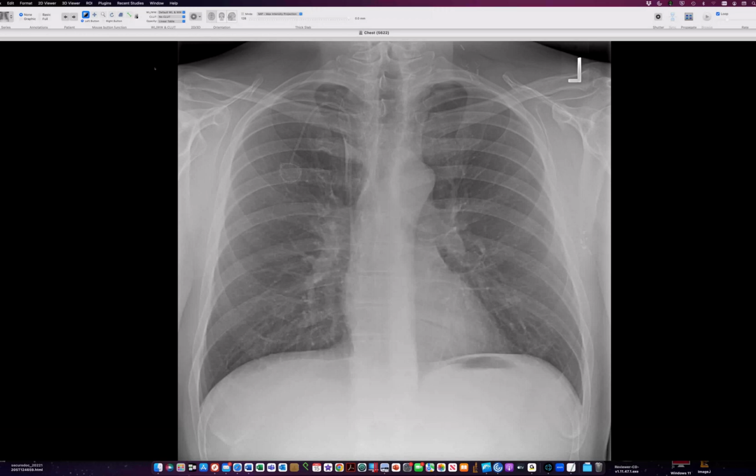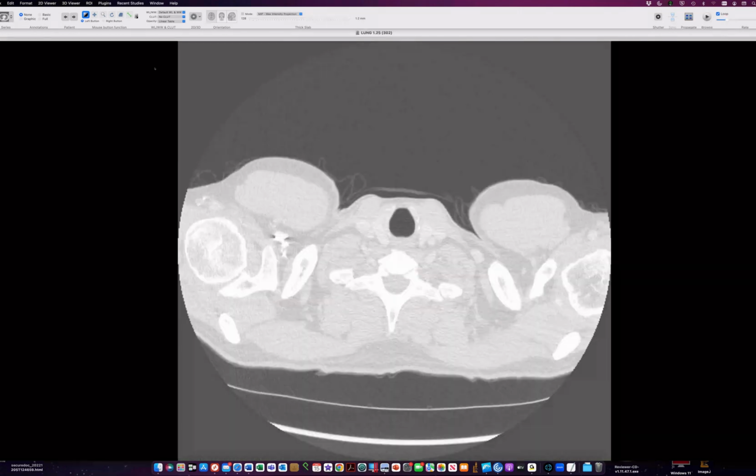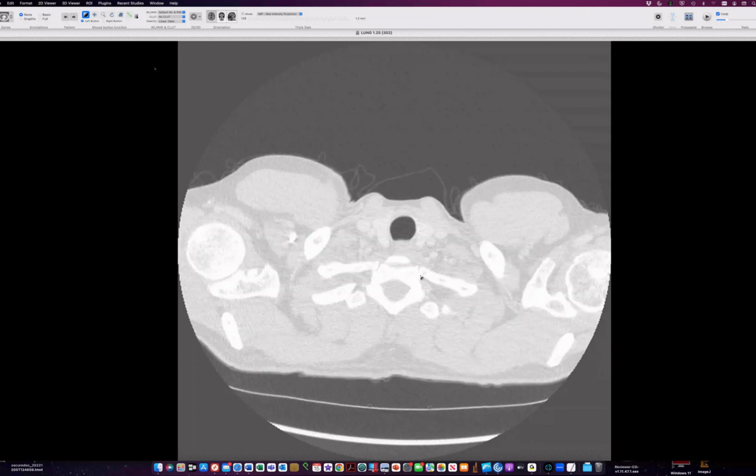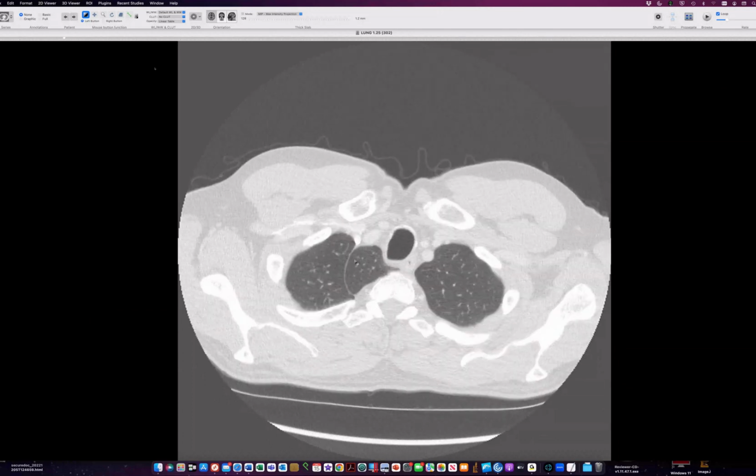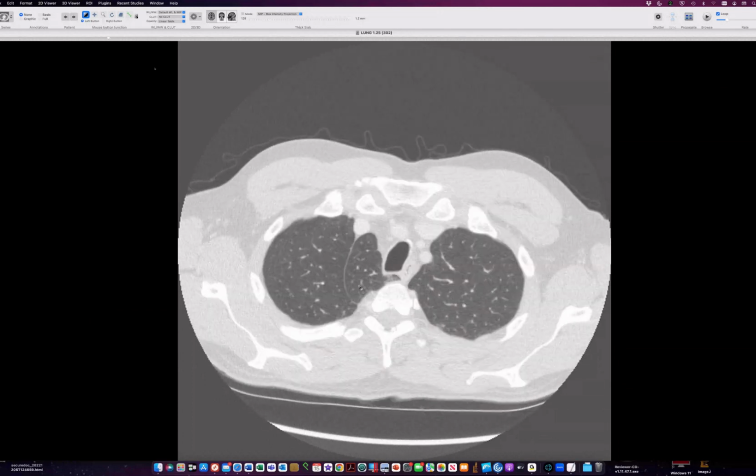Okay. So this person has a pretty normal looking chest radiograph, does have an azygous lobe, has a port catheter in place, and has this CT scan from November. Here we see the nice azygous lobe, and everything is well behaved.